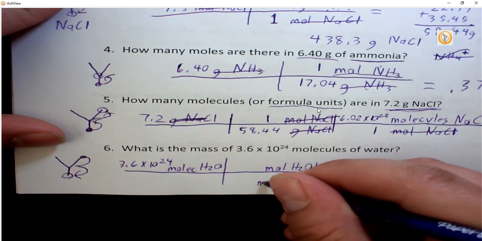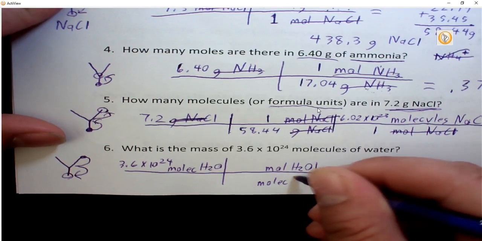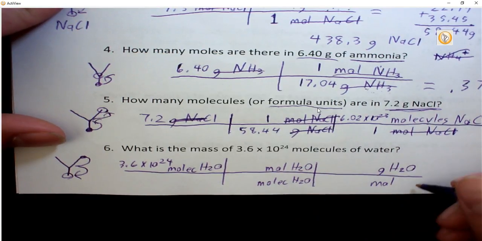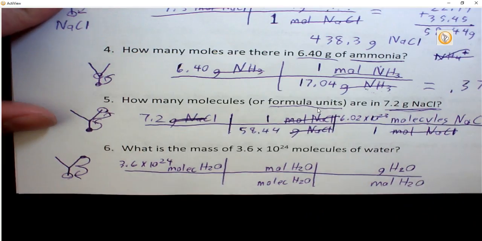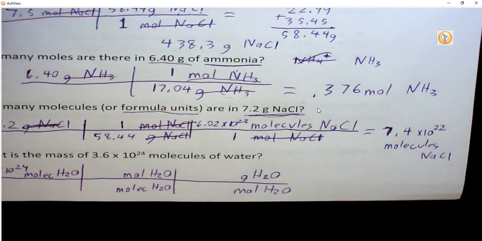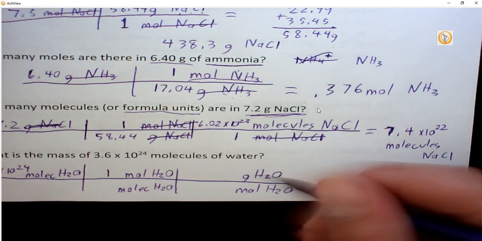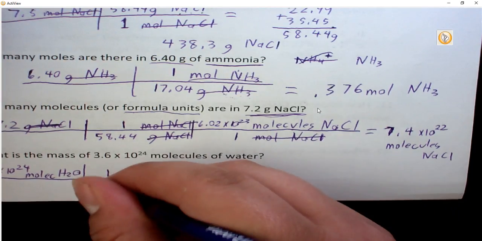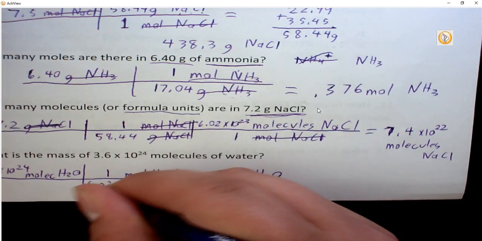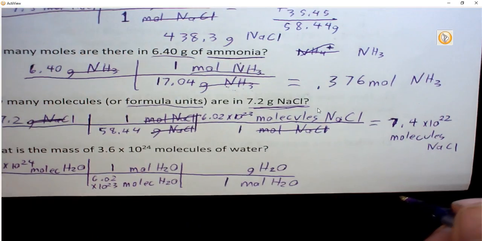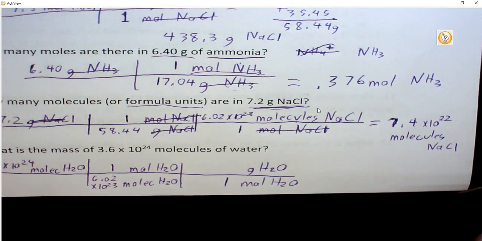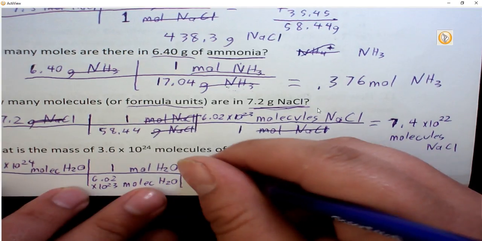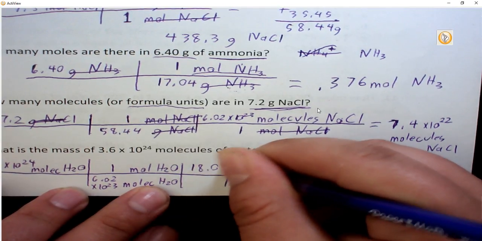Bring down your units. Moles gets a 1. Molecules gets Avogadro's number, 6.02 times 10 to the 23rd. Grams, we should know the mass of water by now. It's 18.02.